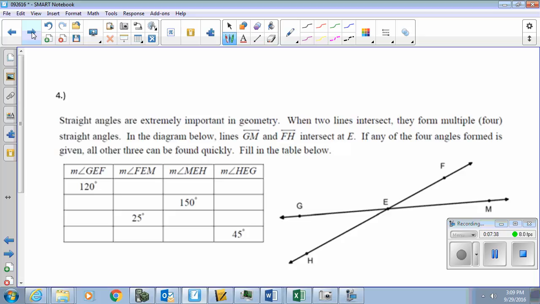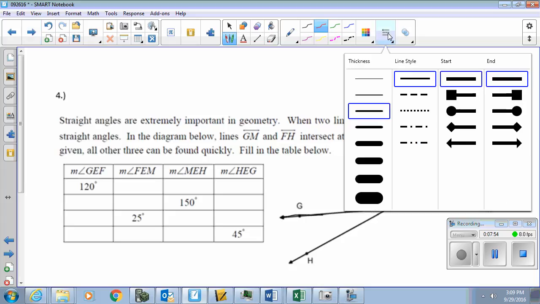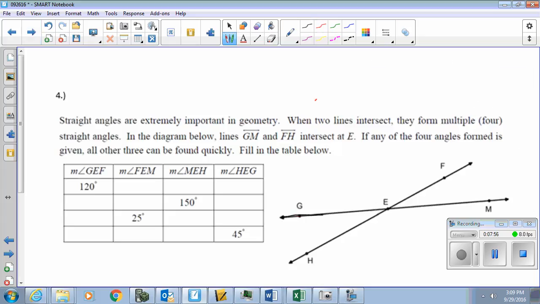All right, it says straight angles are extremely important in geometry. When two lines intersect, they form multiple straight angles, 4 straight angles. In the diagram below, lines GM, so GM is going to be this one, GM, and FH intersect at E. If any of the 4 angles formed is given, all other 3 can be found quickly.